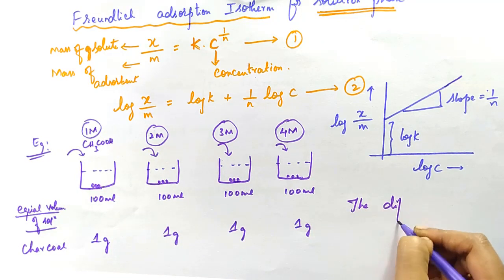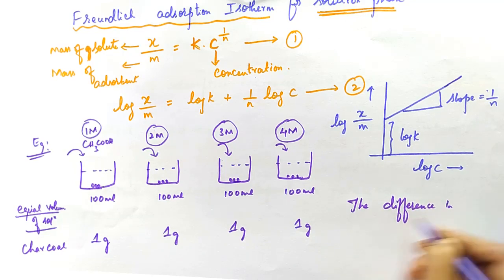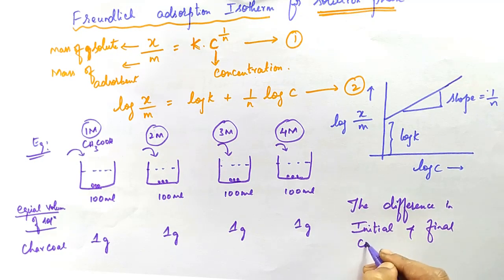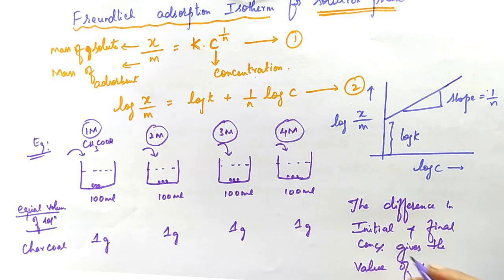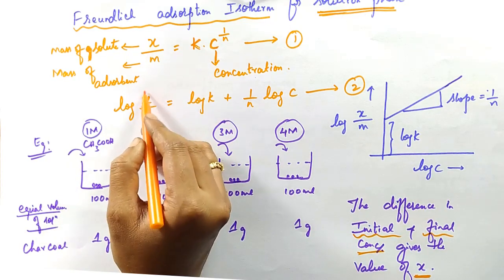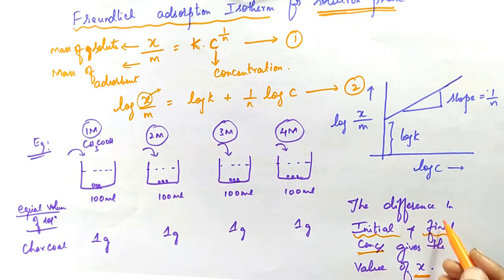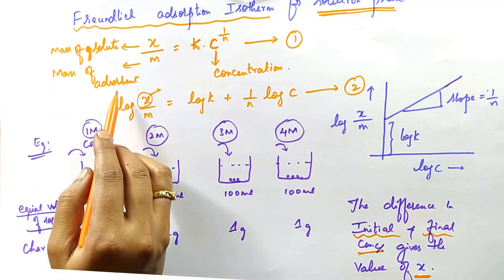The difference in initial and final concentration of the acetic acid gives the value of x. See, in this equation, you get the value of x by the difference in initial and final concentration of acetic acid. m means the mass of adsorbent.